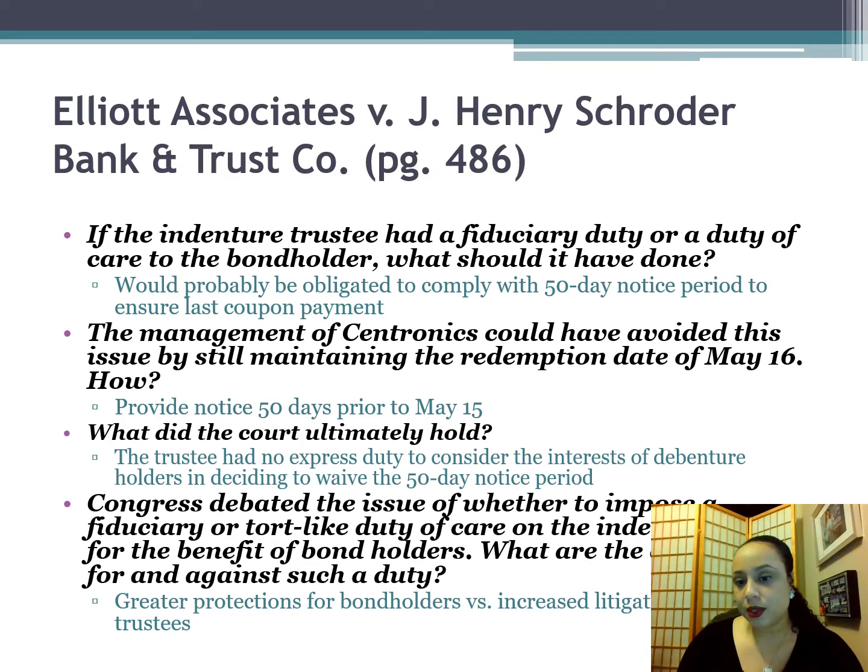And we know that those litigation expenses ultimately get passed down to underlying shareholders and perhaps bondholders, and thinking about the prices of their offerings and how those prices fluctuate within the marketplace.